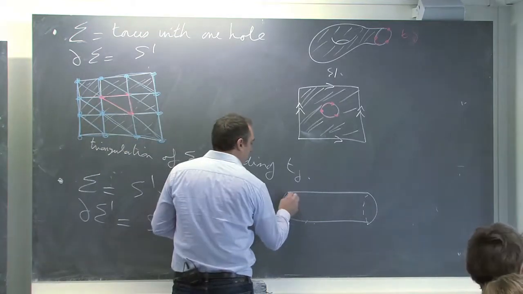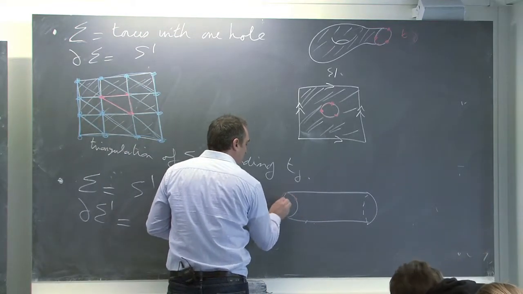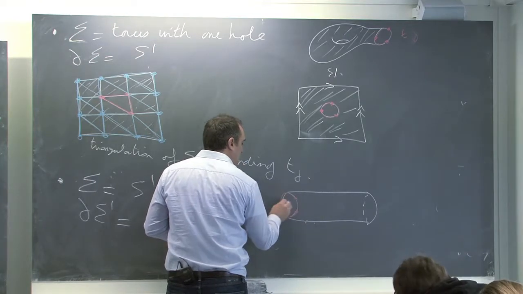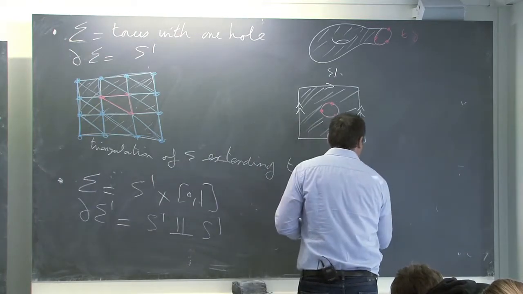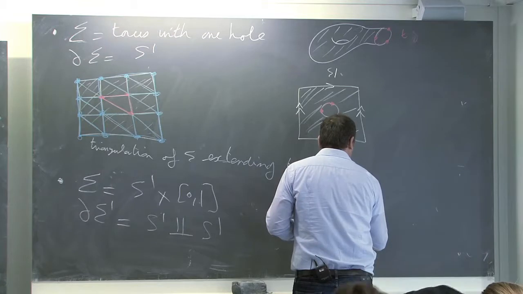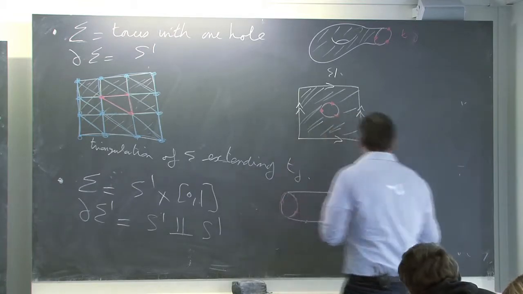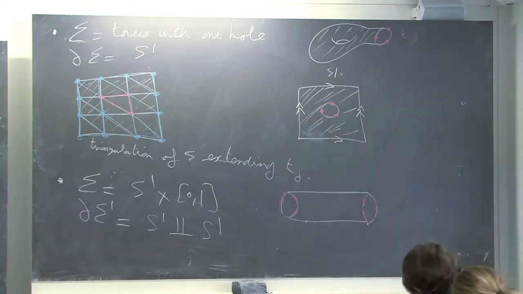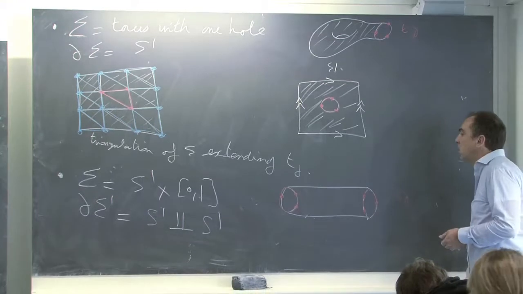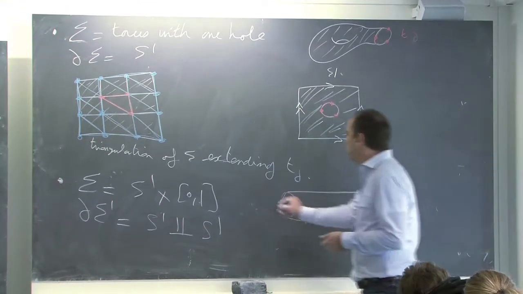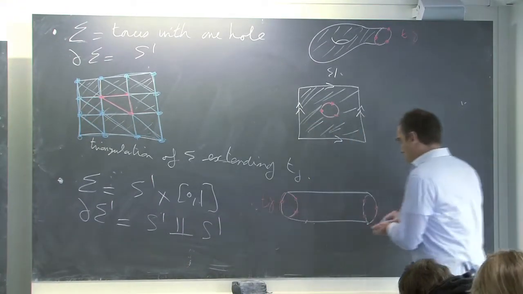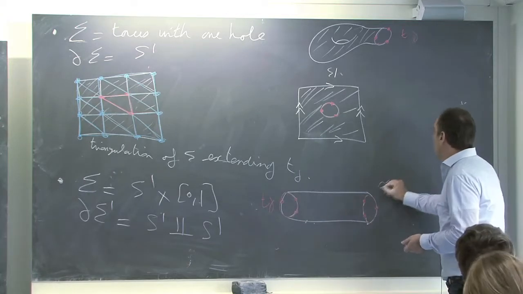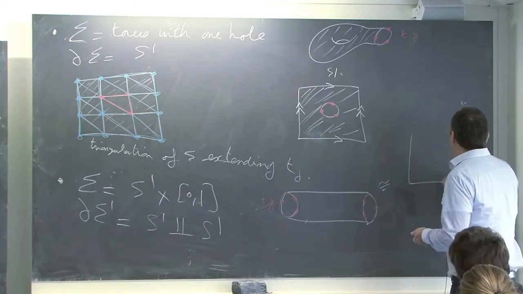And for example, I consider again this triangulation of the boundary, so let's call it T delta. And what can I choose? So what I have?